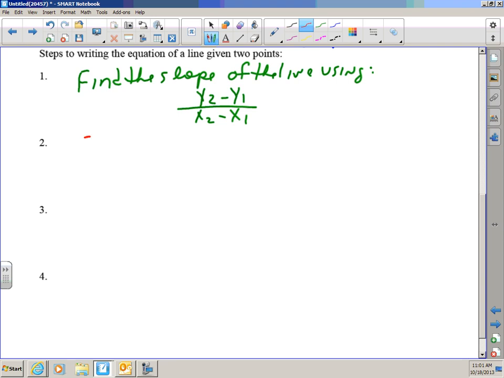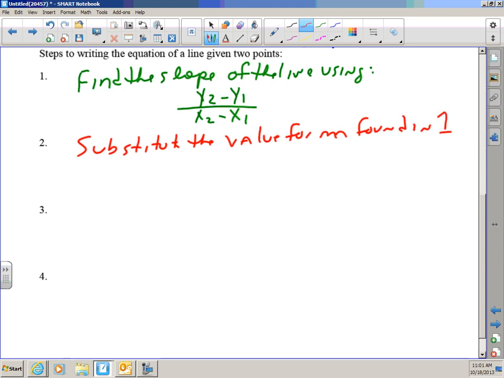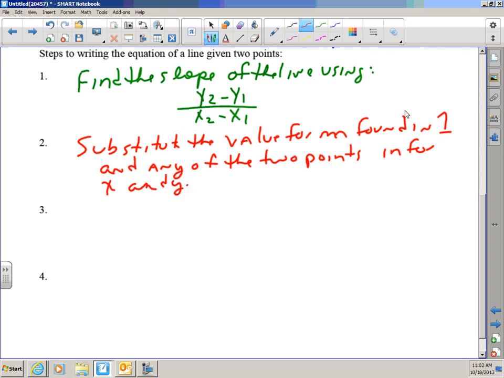Step 2, substitute the value for m found in step 1 and any of the 2 points in for x and y.